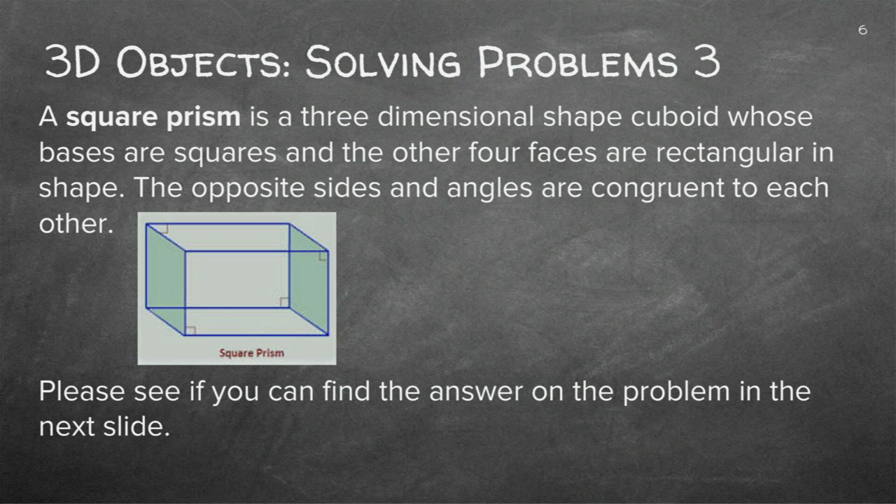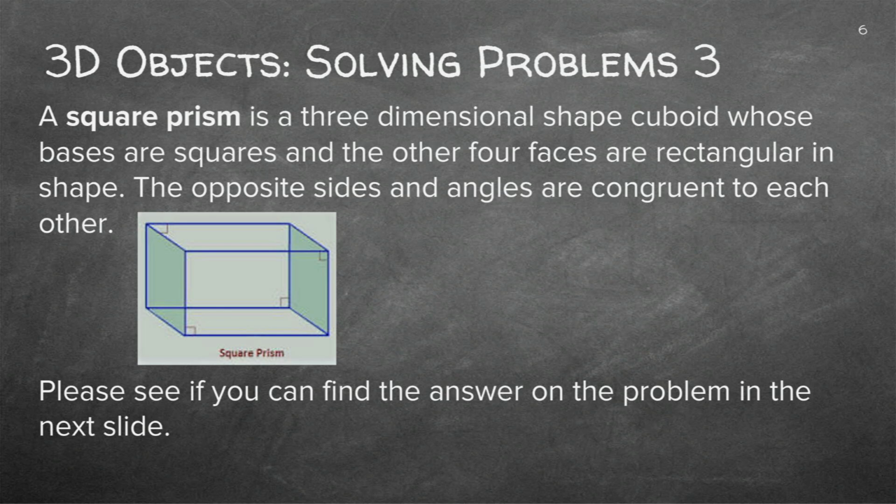This is a square prism. Now just wait for a second and think if you can work out what is a square prism. It's a 3-dimensional shape, cuboid. What is a cuboid? A rectangular prism whose bases are squares and the other 4 faces are rectangular.